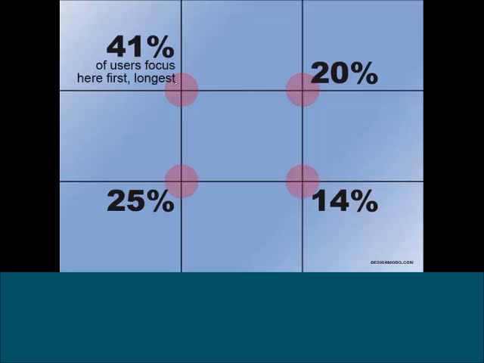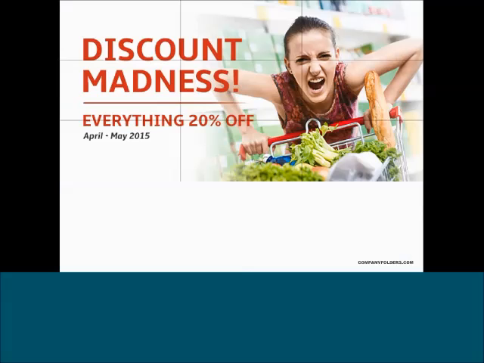So if you have something really important to say, or a great picture, that's where you want to put it. Here's an example of using the power of thirds in advertising. They really want you to know that there is discount madness.